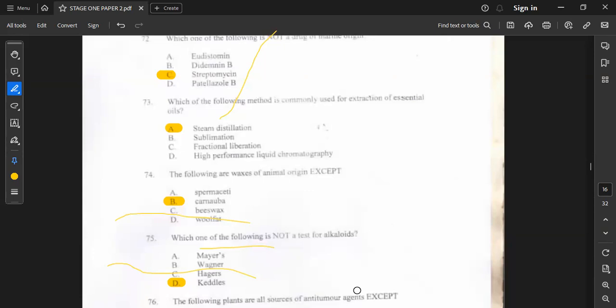Okay. And then, what else can we talk about on the alkaloids for the last 10 minutes before we start a new topic? Just a summary.